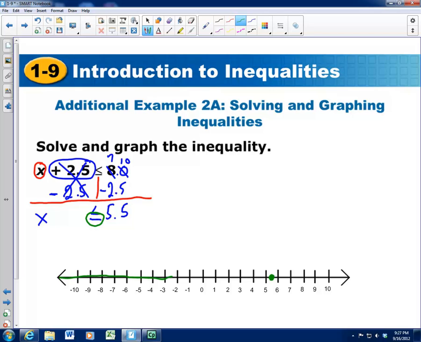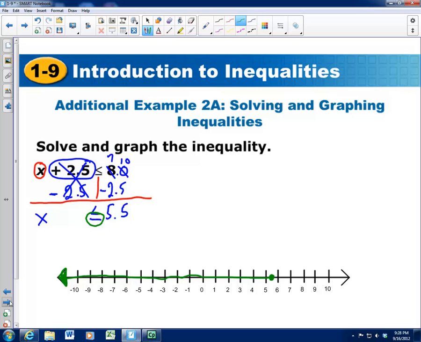You'll have to excuse my line. Hopefully you guys can draw a little bit better than this, but on the computer it's kind of hard. And then I'll put my arrow down here showing that it goes on forever in this direction. And that's the number line. That's how I would graph that inequality up there. Okay? Not too terribly difficult.